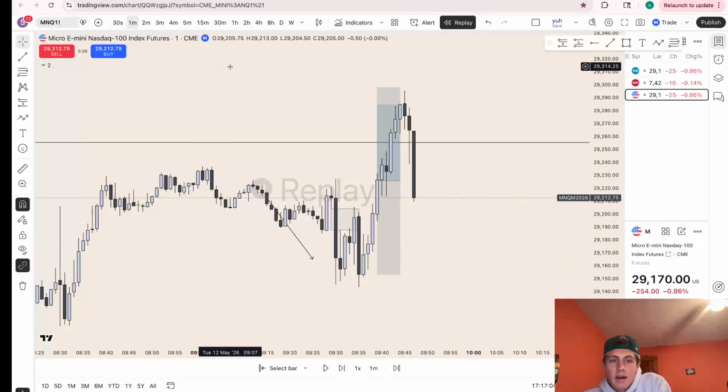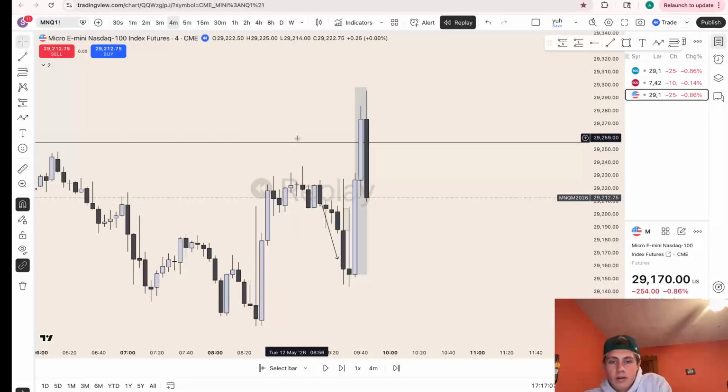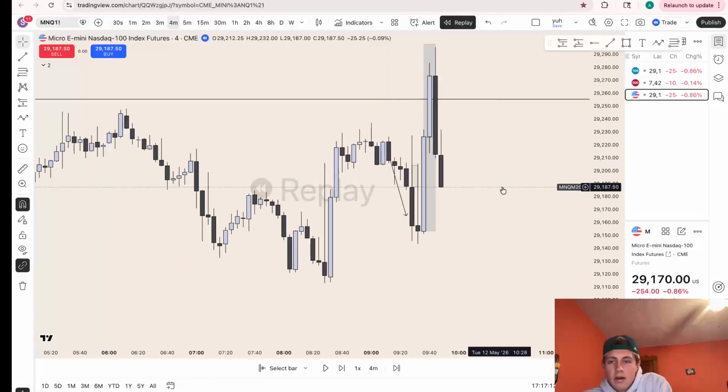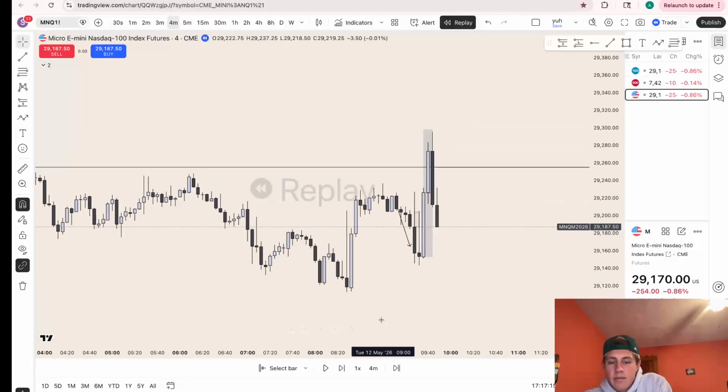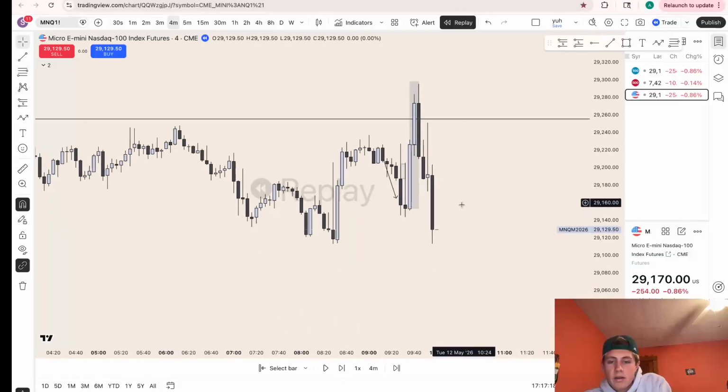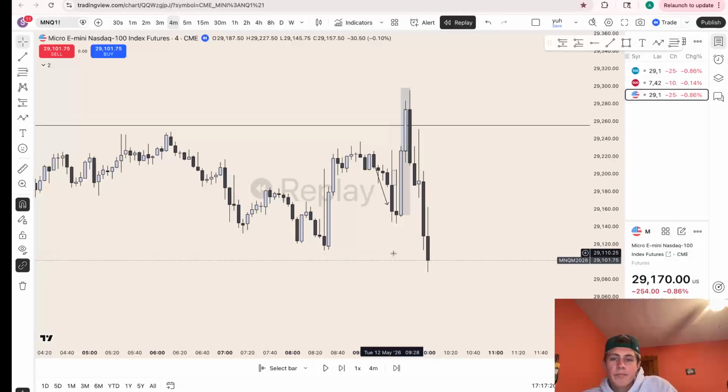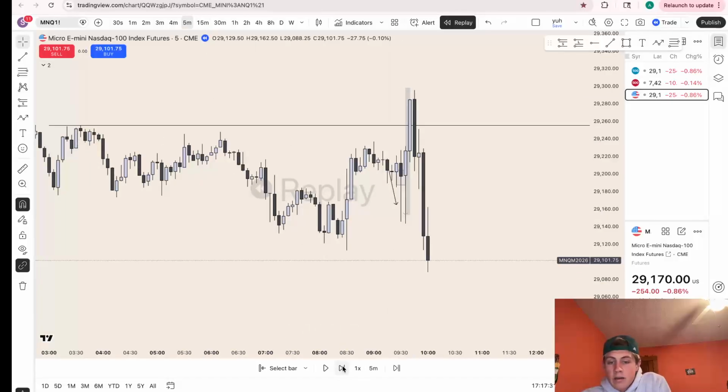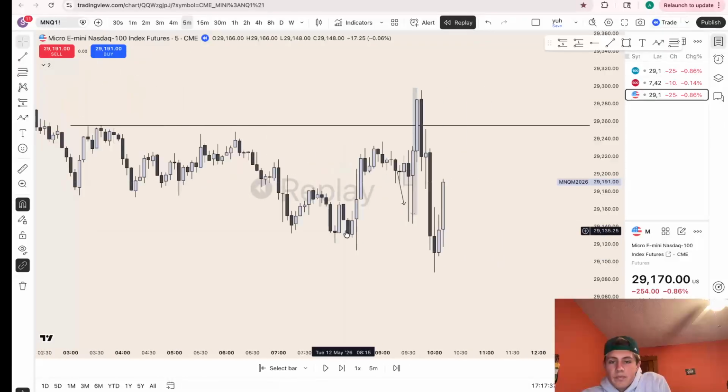And then I'm not gonna lie, I'm a big fan of the 4-minute short right afterwards here. Depending on your fill, it may or may not have played out, but it did hit the DOL. So both of these are iffy if you hit take profit, but they both hit the DOL, so both good trades. And then there was a 5-minute long here, which I'm not a big fan of actually, because you already had 2 other trades play out to their DOL.